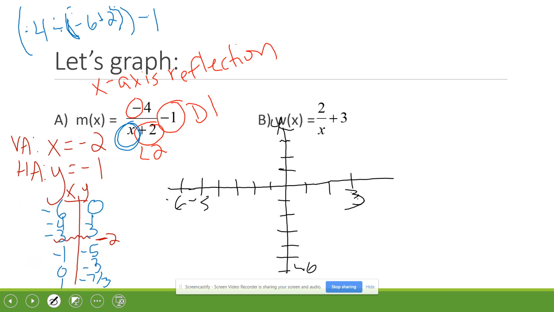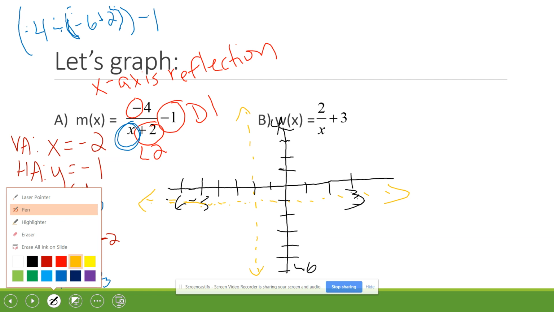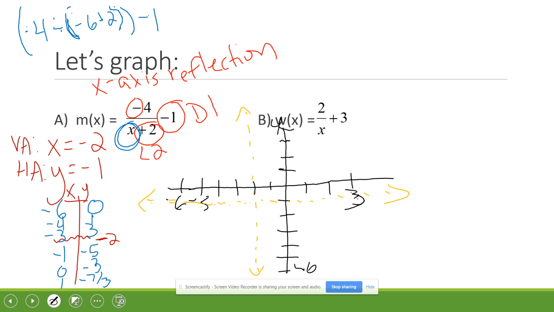I'm going to go ahead and put my asymptotes in at negative 2 and negative 1. Remember, these asymptotes are important because they help you shape your graph and make sure that you're not going in places you shouldn't.